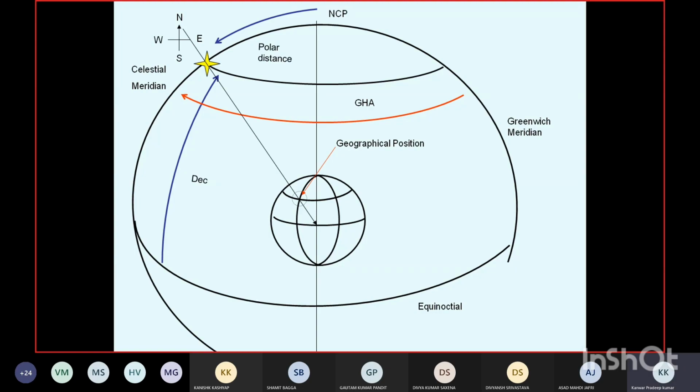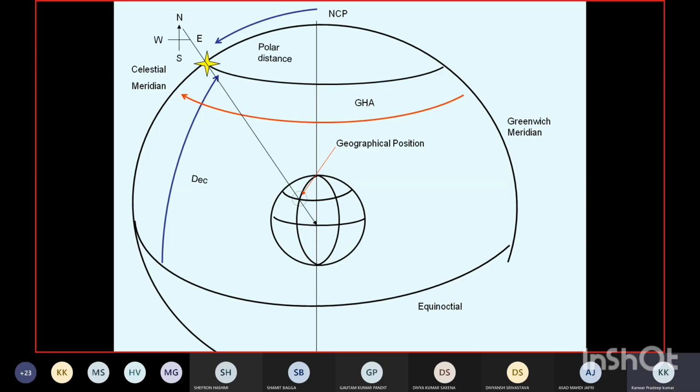What is 90 minus 70? 20. So the polar distance we call 20 degrees. Polar distance means the distance of the body from the pole. So write down this relationship: polar distance is equal to 90 degrees minus declination.